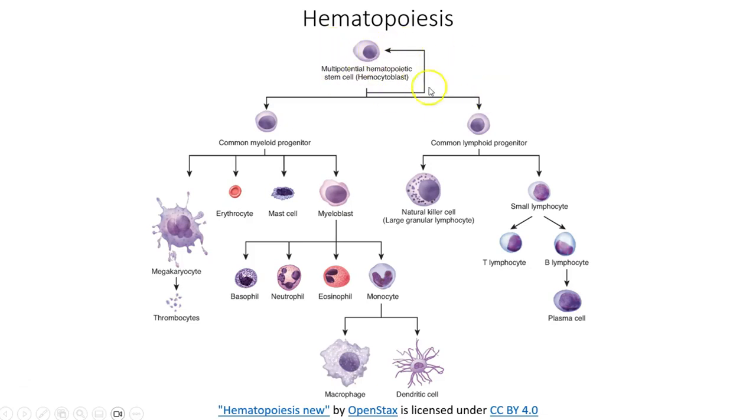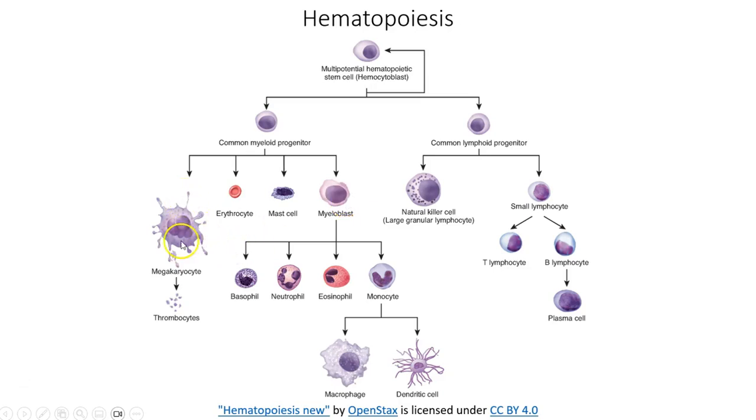And so we can keep making more copies of these multipotent hematopoietic stem cells, and those copies are going to be signaled to head towards either the myeloid cell line or the lymphoid cell line. So we have a couple different directions those can go. Myeloid stem cells, so the next level down here, can become multiple cell types, as you can see.